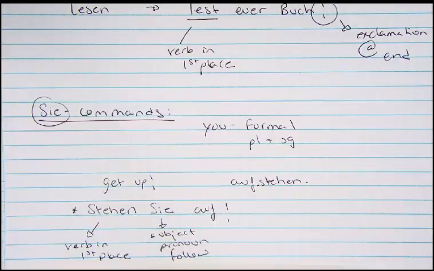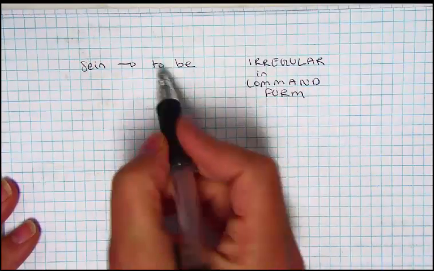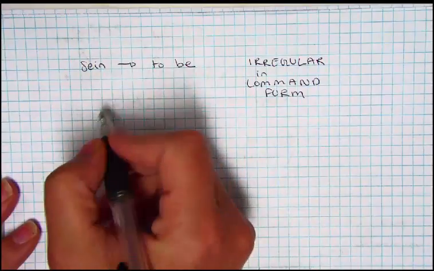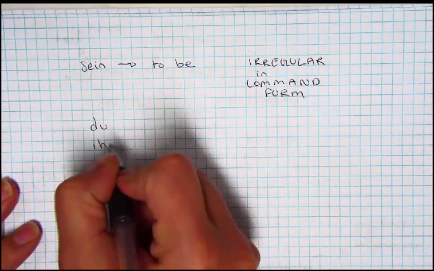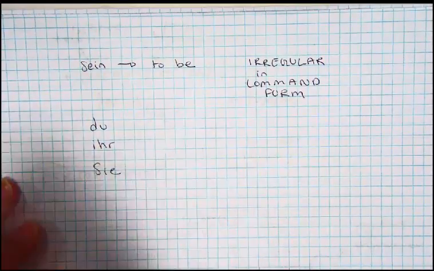And there's another special thing about the Sie command, and that is that we have an irregular form. That irregular form is actually true for all of them, so you guys need to learn one verb that is slightly irregular. Okay, that verb, who wants to take a guess what it is? The verb to be. So the verb to be is irregular. So we need the three forms that are used for our three command forms.